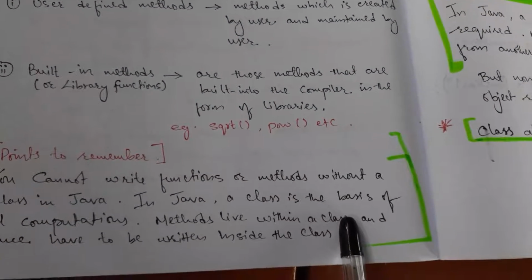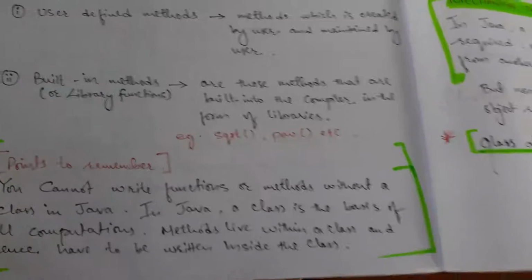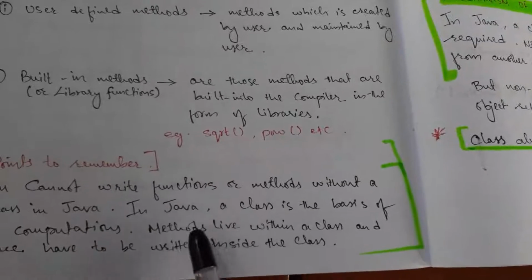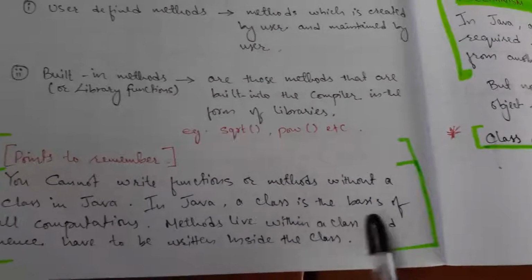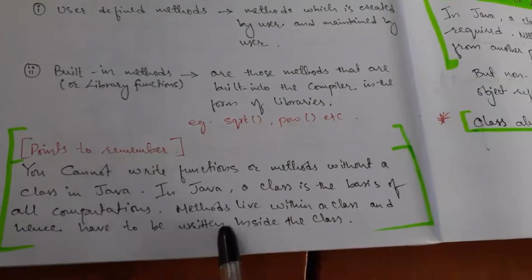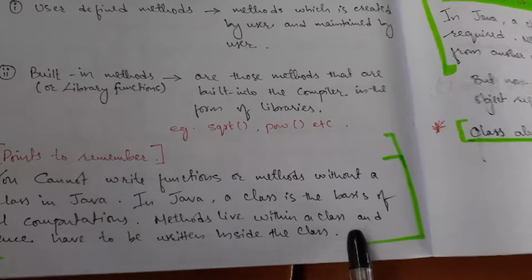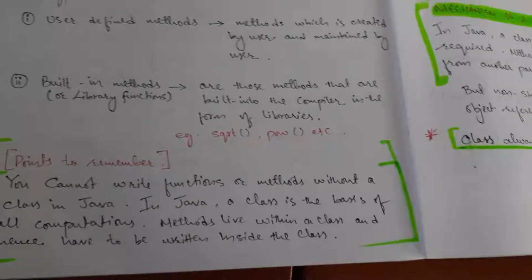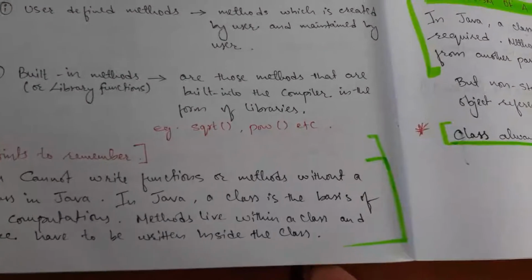As I told you, a method will be inside a class. So methods live within a class, and hence have to be written inside the class. That is the reason why we have to write a method inside a class.